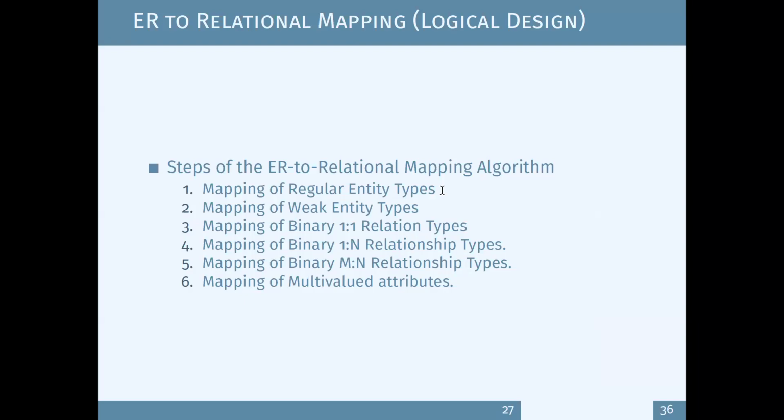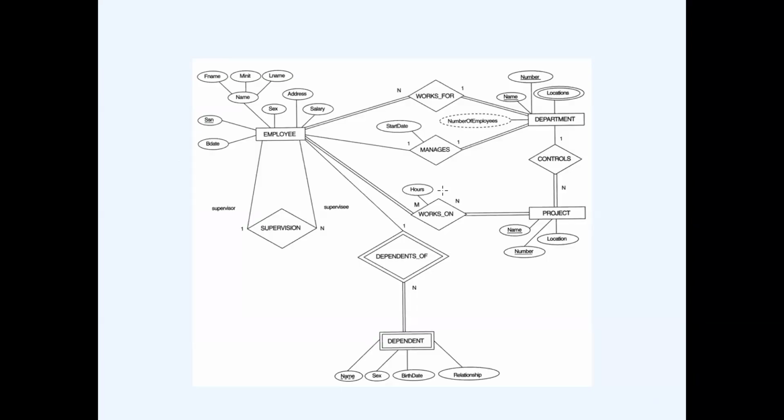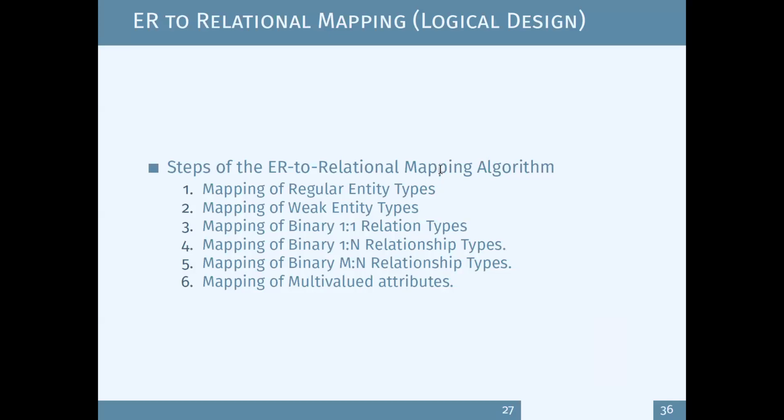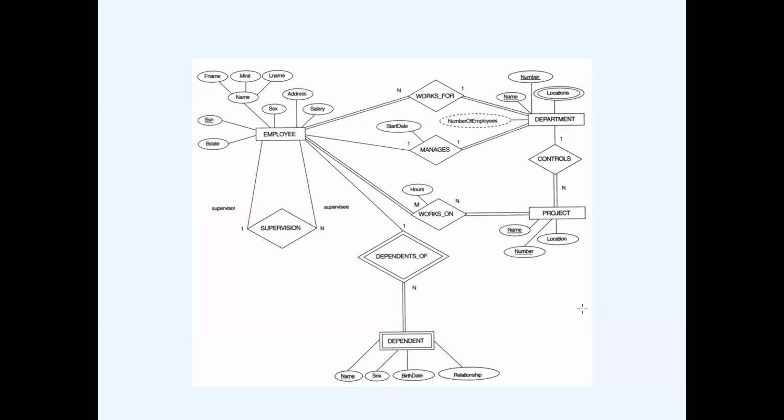How many many-to-many relations are here? Okay. Yes, we have only 1 many-to-many relation between employee and project. That means an employee can work for many projects, and a project can have many employees. Okay, good. I hope now you have a clear idea. Okay, how many multi-valued attributes are there?